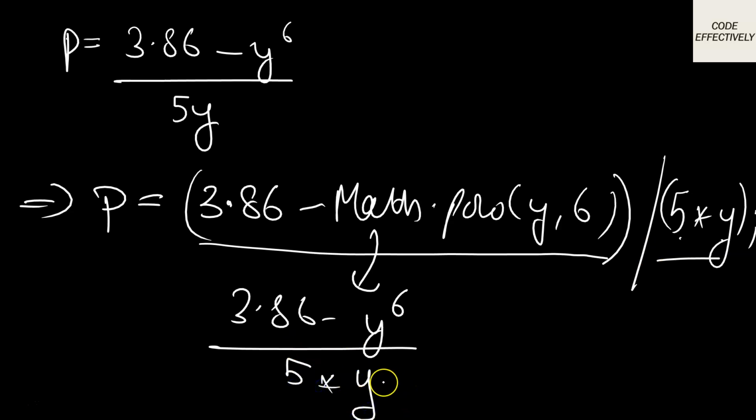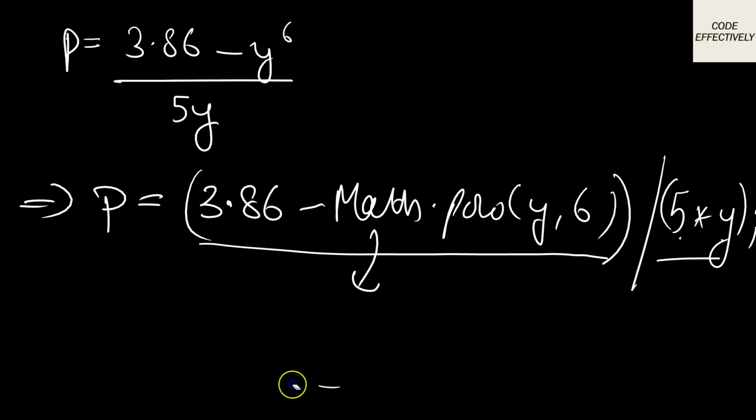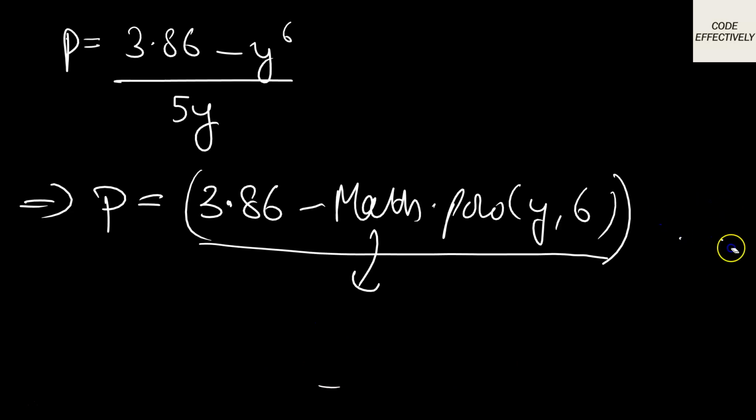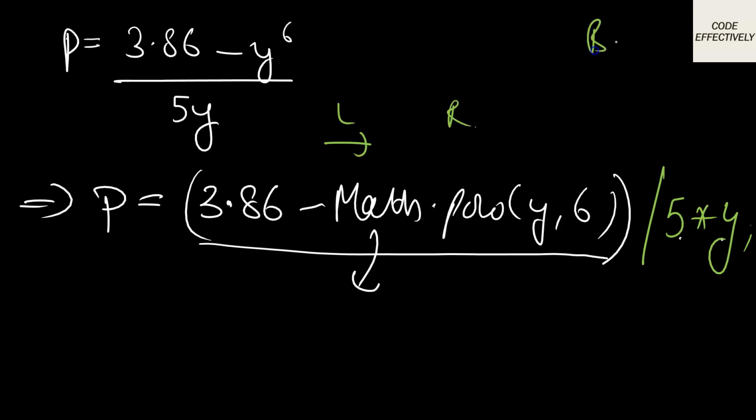One more thing: what will happen if you don't put 5 into y in a bracket? Let's see what will be the error in our code. As the compiler goes from left to right, and by BODMAS, division comes first.